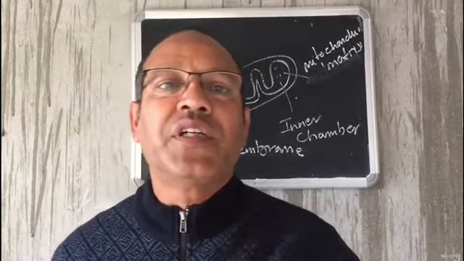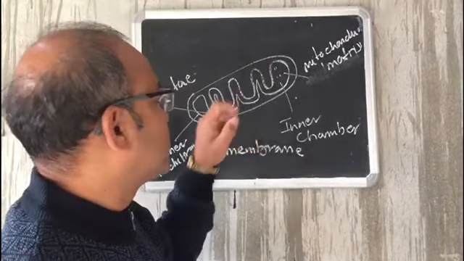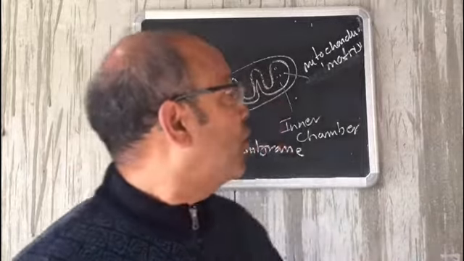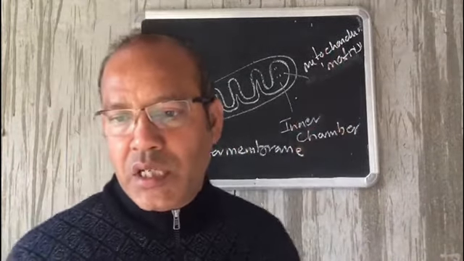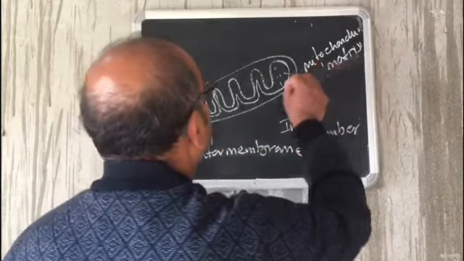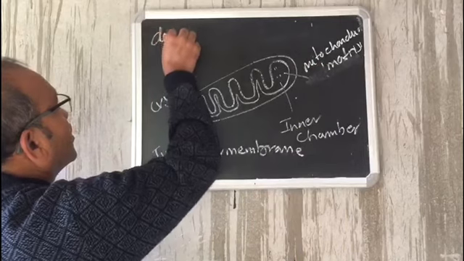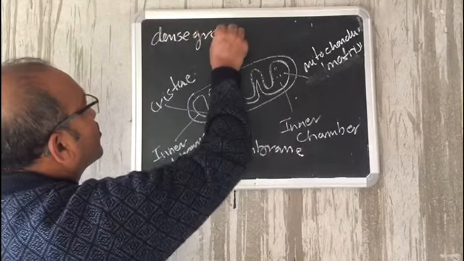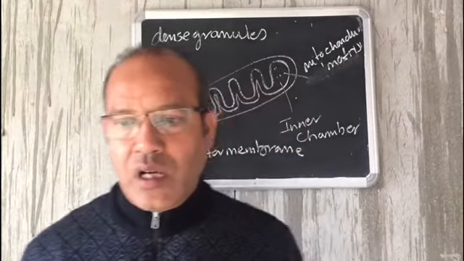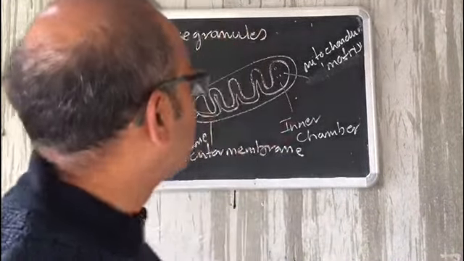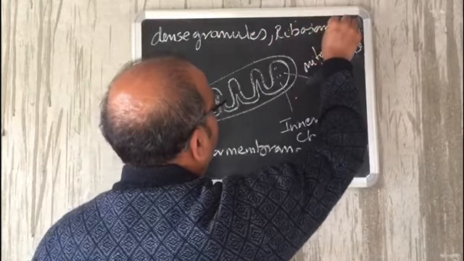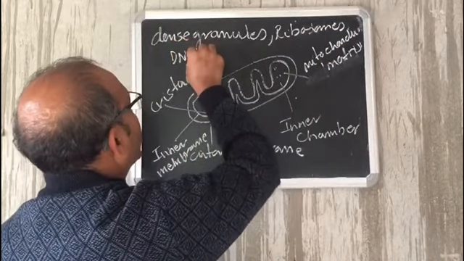The outer chamber is filled with a watery fluid, whereas the inner chamber is filled up with the mitochondrial matrix. The mitochondrial matrix contains dense granules, ribosomes, and DNA.